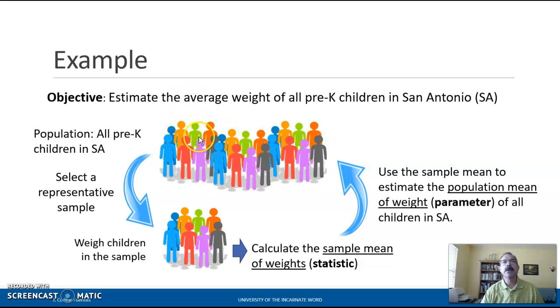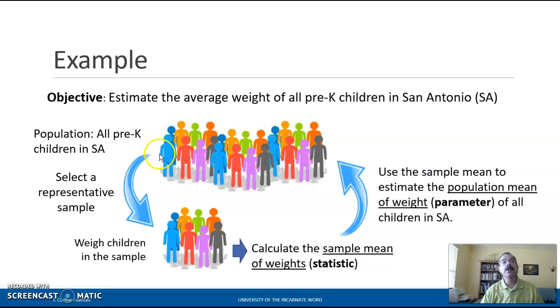That's what we have in this group right here. And as you would imagine, it could be very expensive, very time-consuming, and sometimes impossible to evaluate every child in the San Antonio schools that are in the pre-K program.